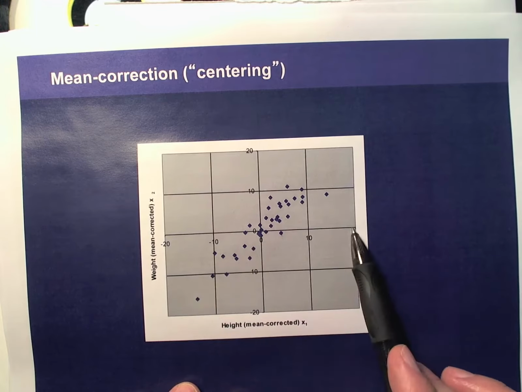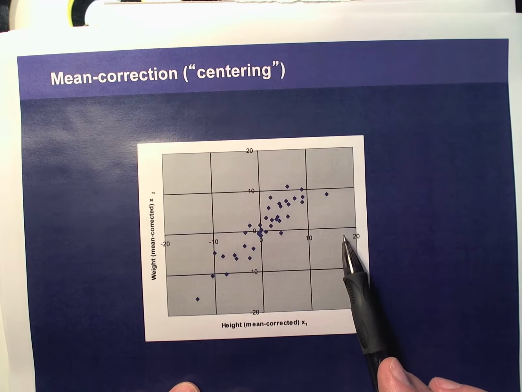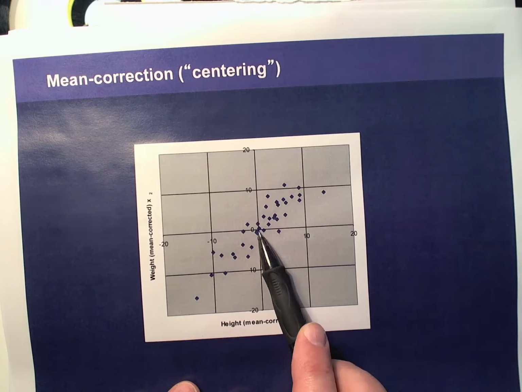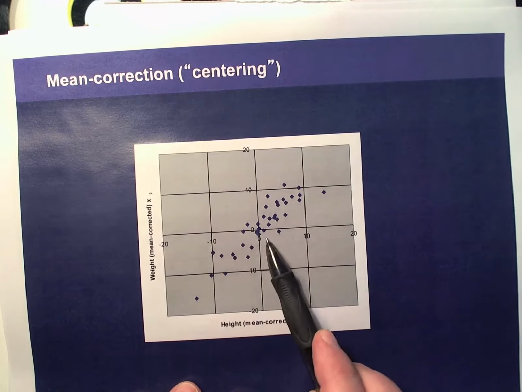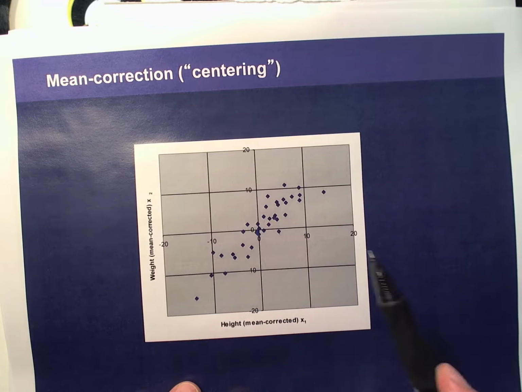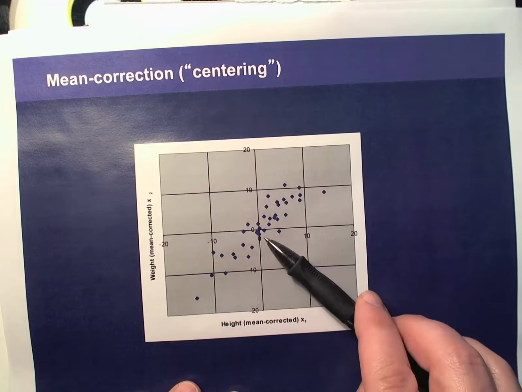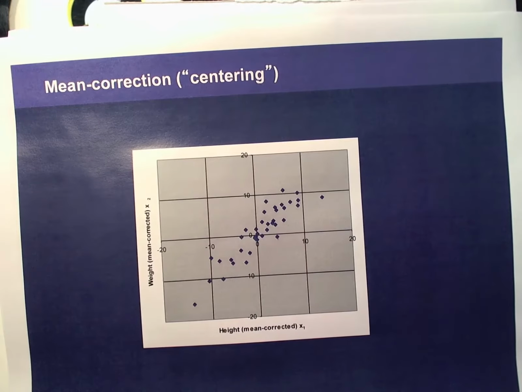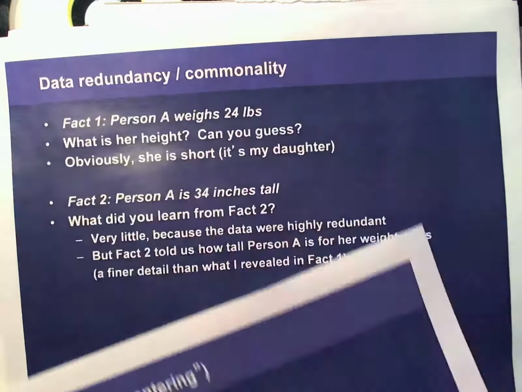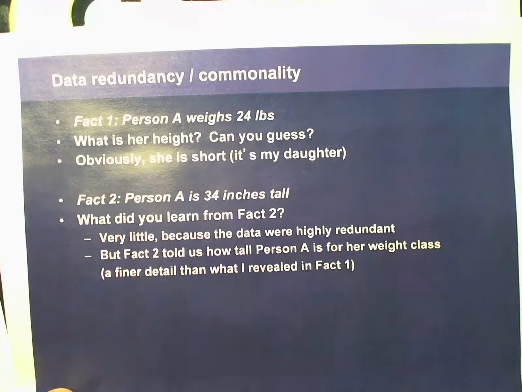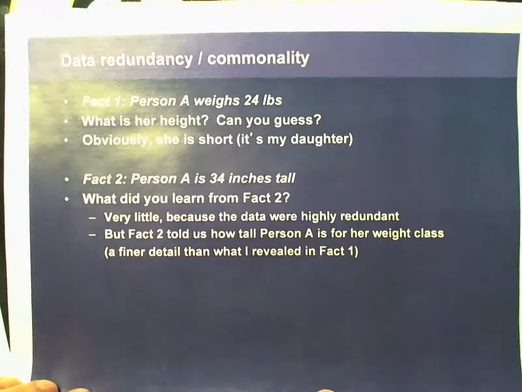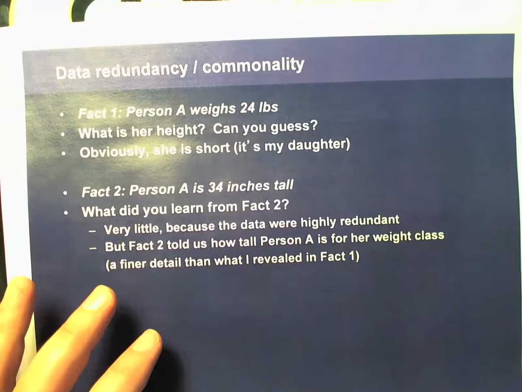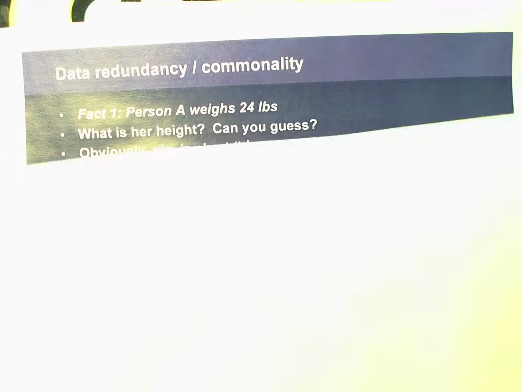Instead of height, we get the person's height minus the average person's height. So if a person has 0 on this scale, that means they're average. Now all these points are centered at the origin of this diagram. That simply simplifies the math for us later on, as we'll see. Now this was originally a PowerPoint, so this should have been animated, but I guess I can sort of do it this way.